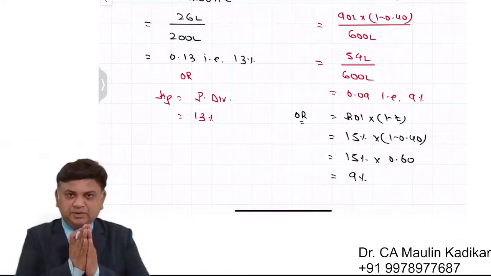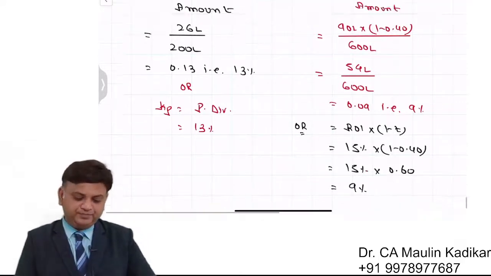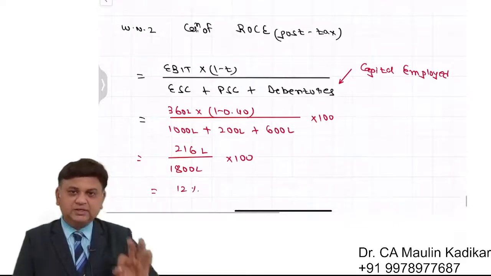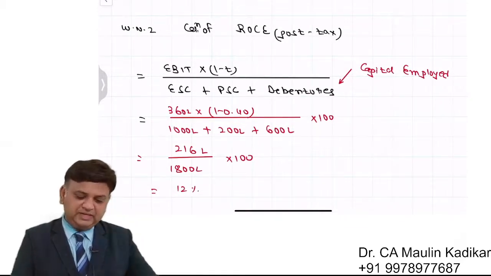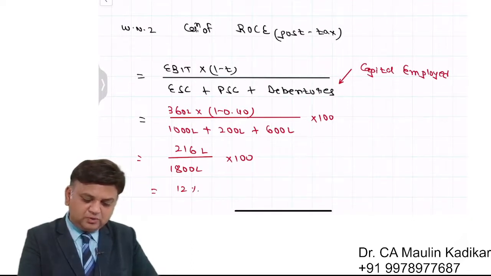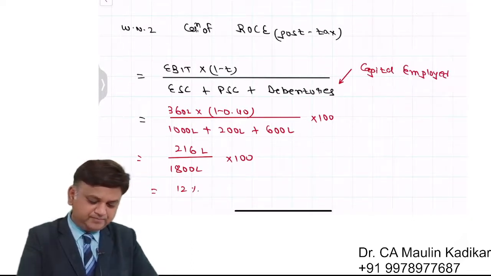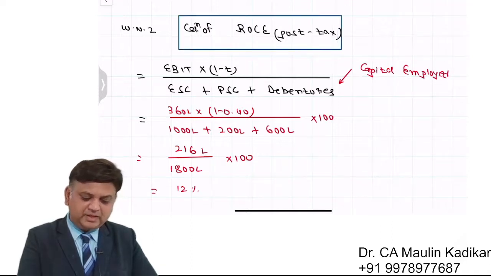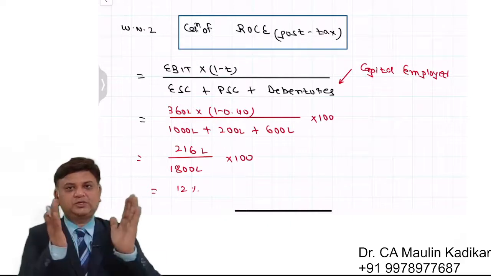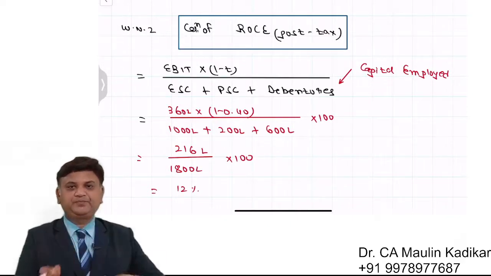Now the important point of the question starts. Dear students, basically the term return on capital employed is indicating what is the rate at which you are able to earn from the business. See, the capital employed is consisting of all long-term sources of the finance taken together.